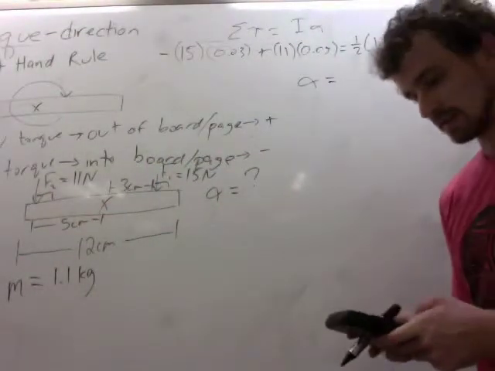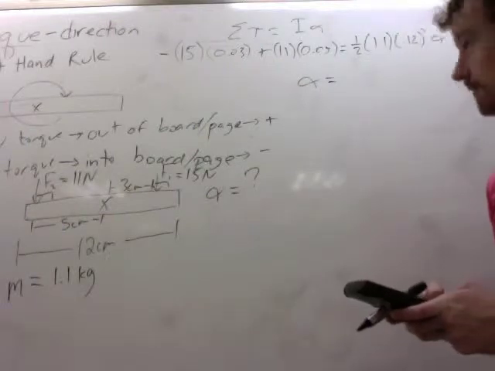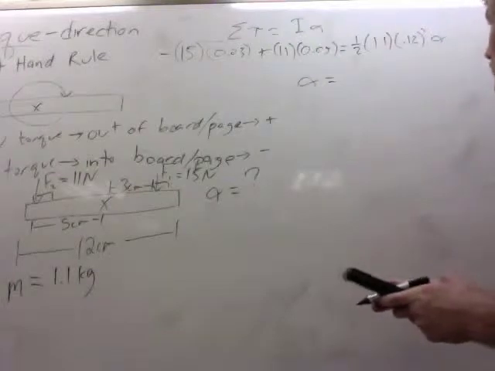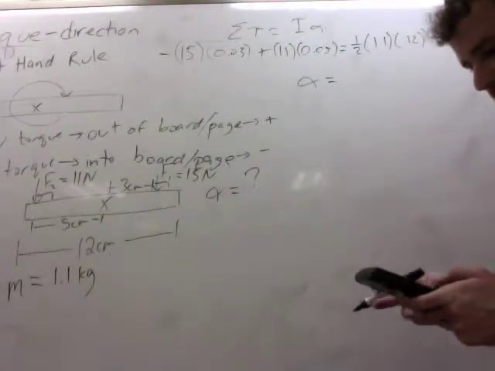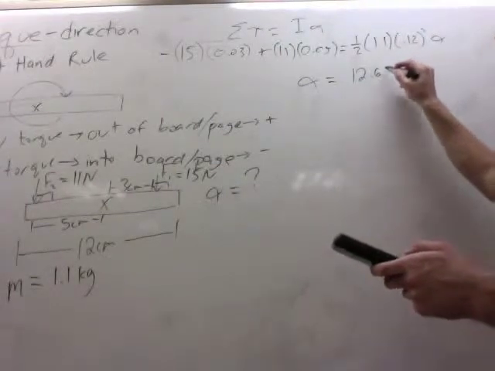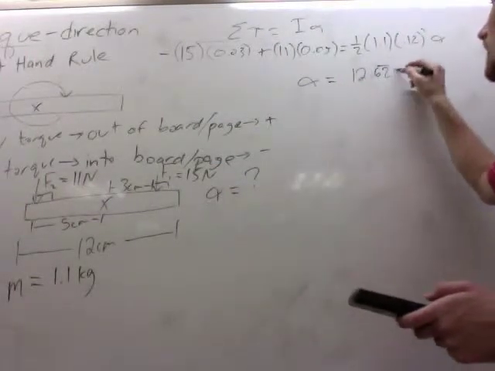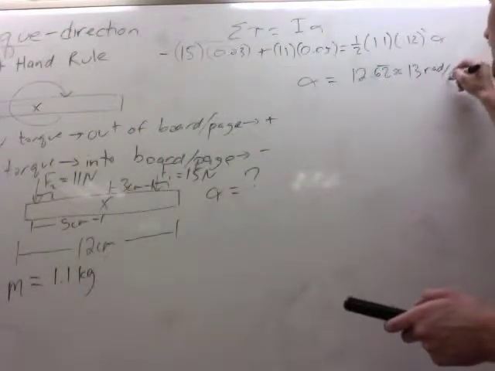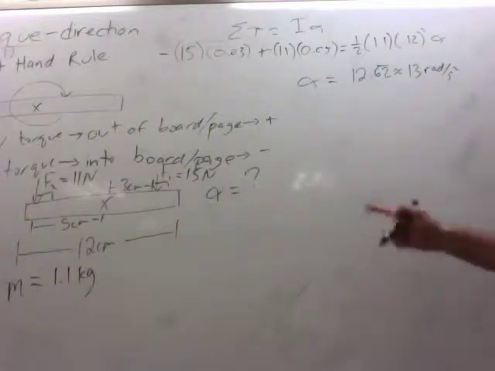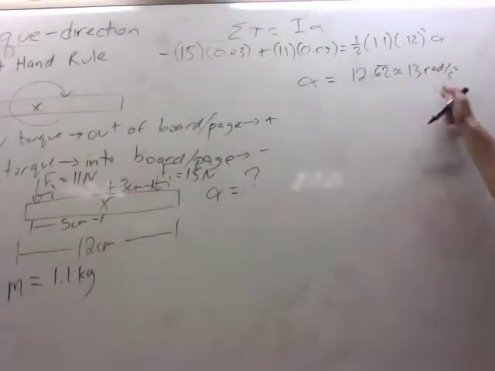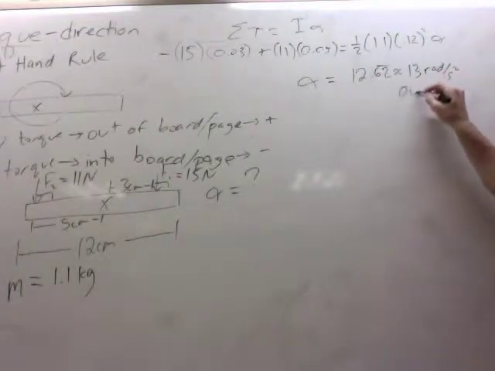Now, if we punch this into our calculator, it's minus 15 times 0.03 plus 11 times 0.05 divided by 0.5 times 1.1 times 0.12 squared. That comes out to 12.626262, whatever, which rounds to 13 radians per second squared. Since that is a positive number, that means it is counterclockwise, so we say that it's 13 radians per second squared out of the board.